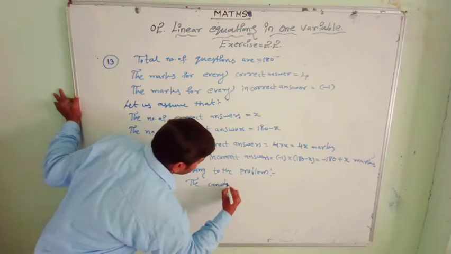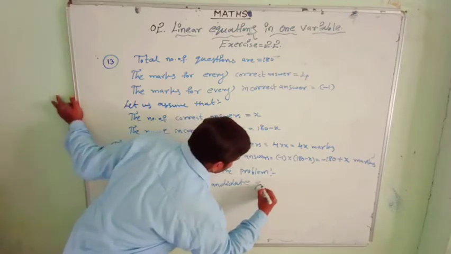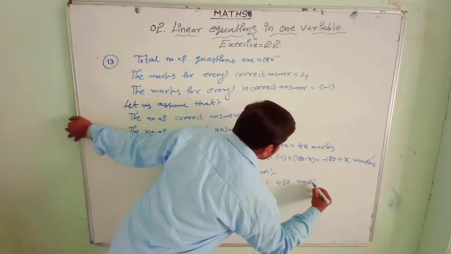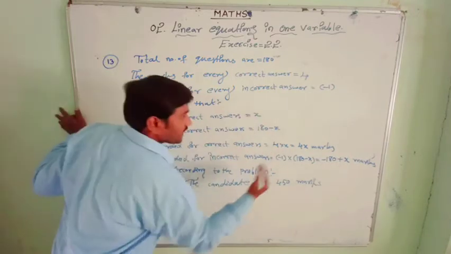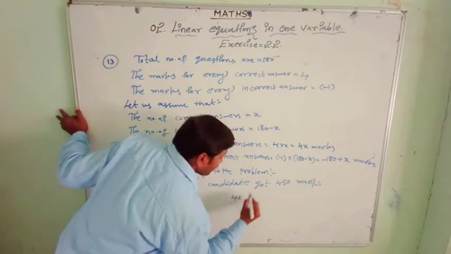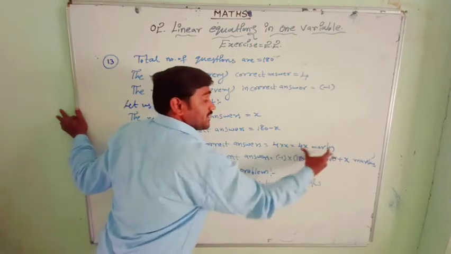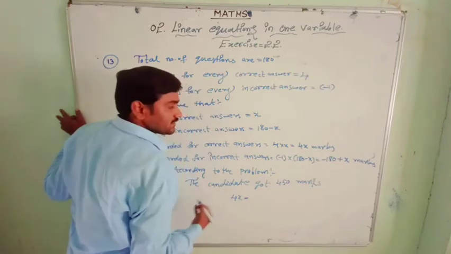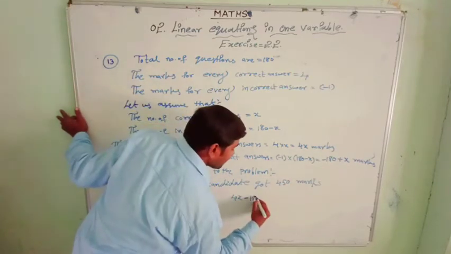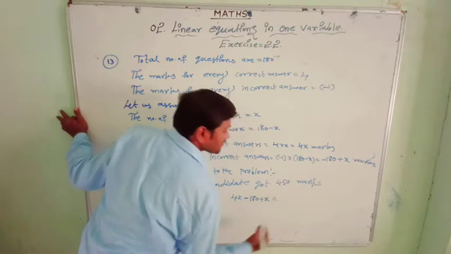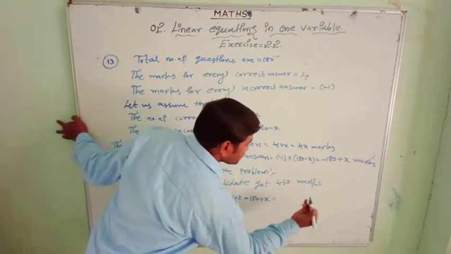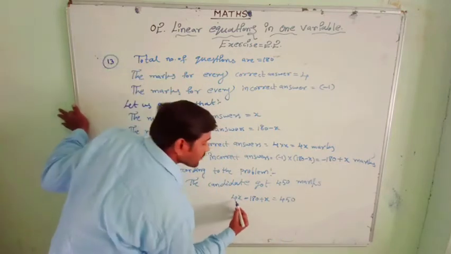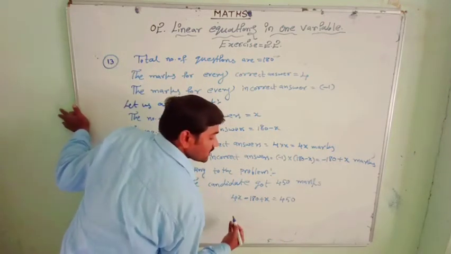The correct answers give 4x marks, and from this the marks are deducted. So 4x minus (180 minus x) equals 450. So here 4x plus x is 5x.